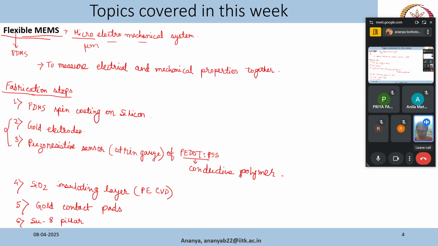and after that we will coat SU8 with gold to make the electrodes, because we want a metal so that it will work as an electrode. Okay.